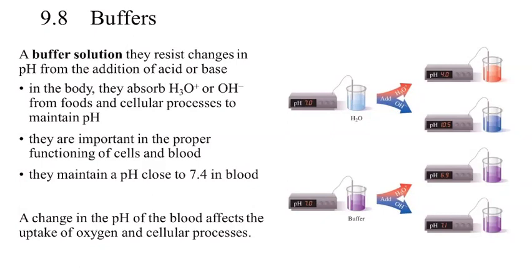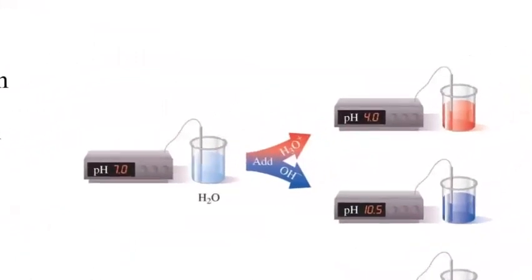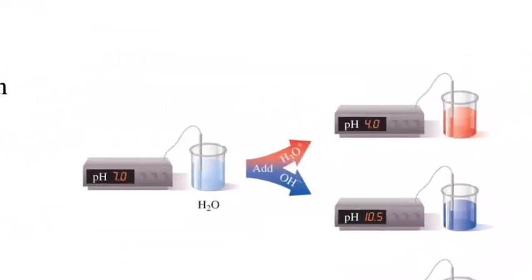Now, overall, if we look at a buffer solution, and here we have some illustrations just showing how a buffer works, understand that if you have just pure water, as you can see in this illustration, pure water has a pH of 7.0.